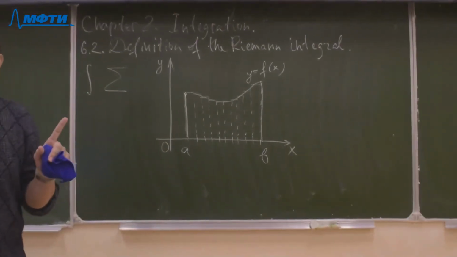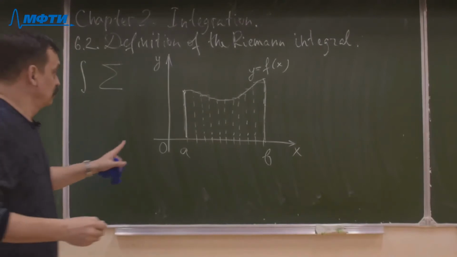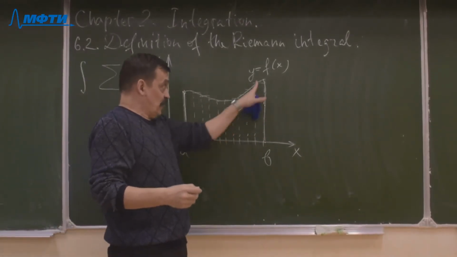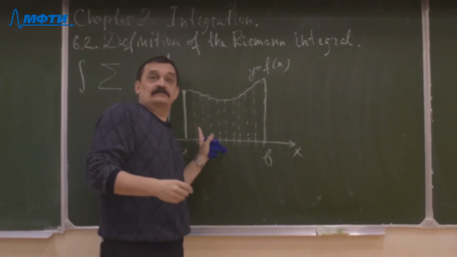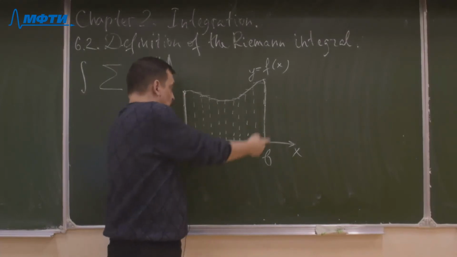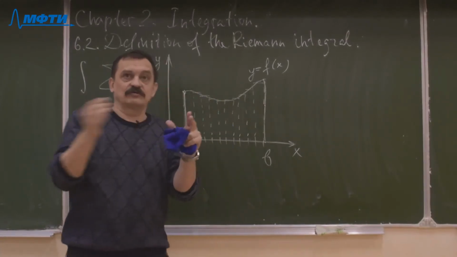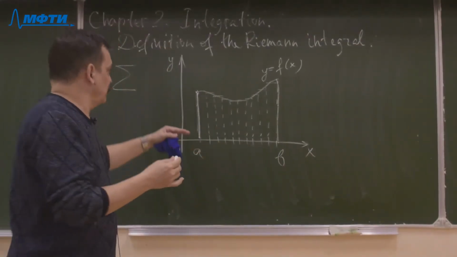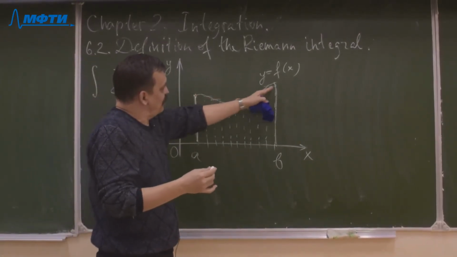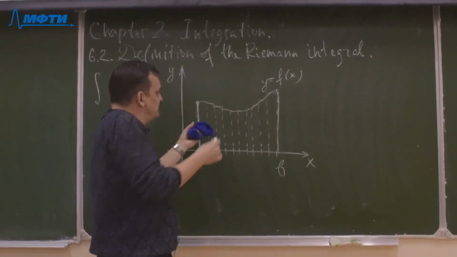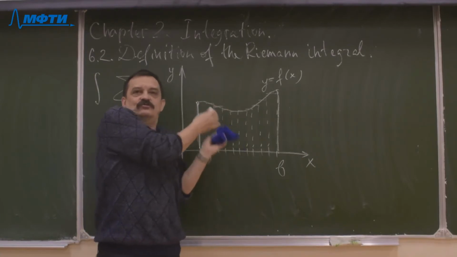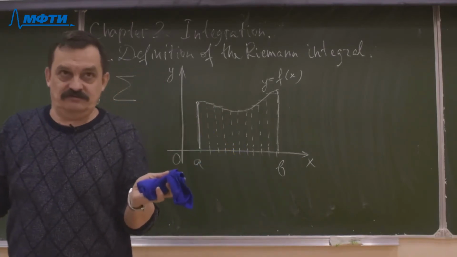We can easily compute the area of each of those rectangles. We add all of them together, and we have an area of a figure which seems to be very close to our trapezoid.